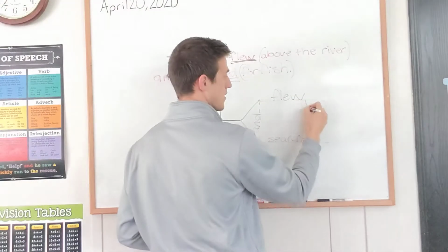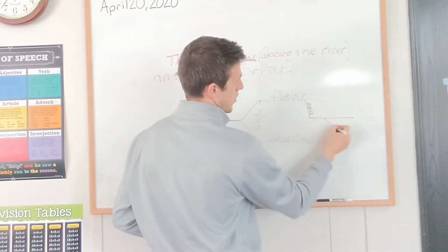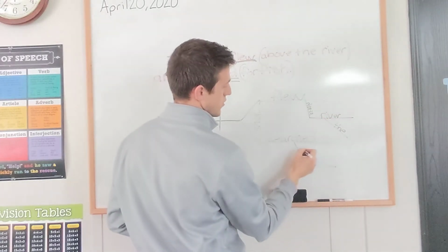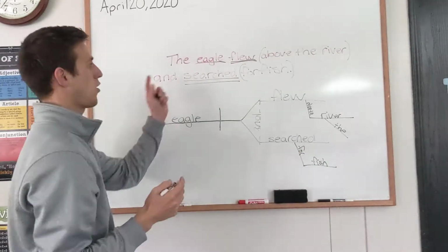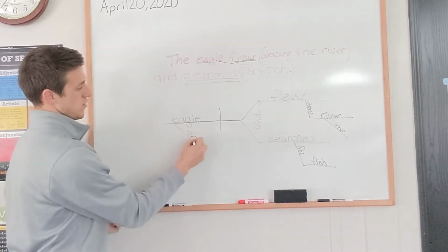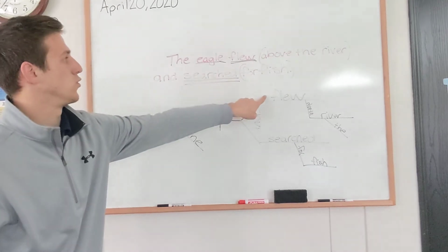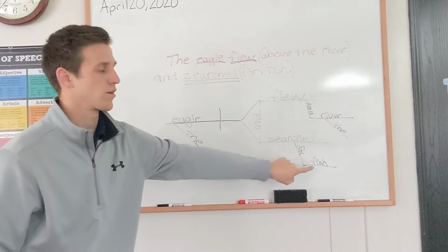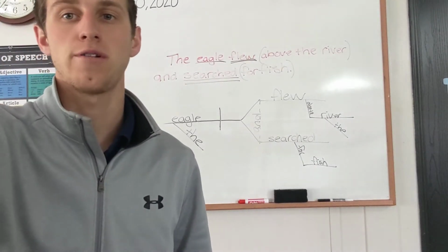So he flew where? He flew above the river. He searched for fish, right? So we got all these except for this first word, which is the, and it's describing our eagle. So we have the eagle flew above the river and searched for fish. All right, excellent job, girls. Let's go ahead and jump into lesson 4.